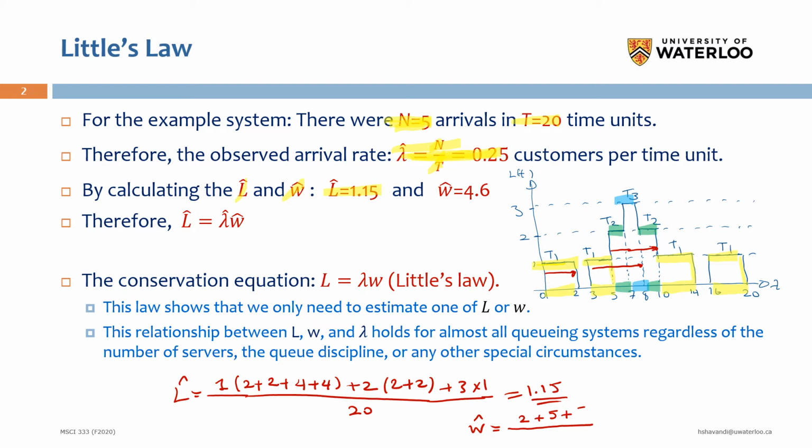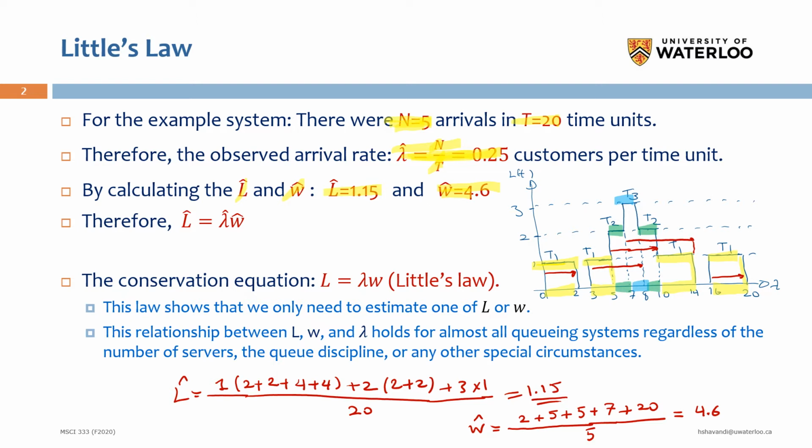So again, it's in the system for 5 minutes. Customer number 4 arrives at time 7 and, as you see here, departs at time 14. So again, 7 minutes in the system. And customer number 5 arrives at time 16 and departs at time 20. If we divide the total by 5, the total number of customers, we'll have 4.6, the number that we have here.